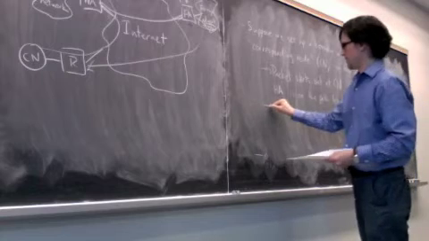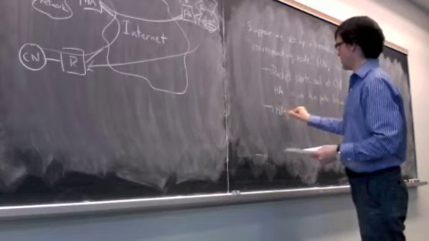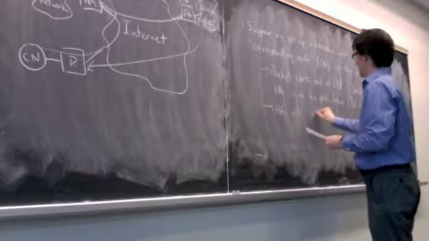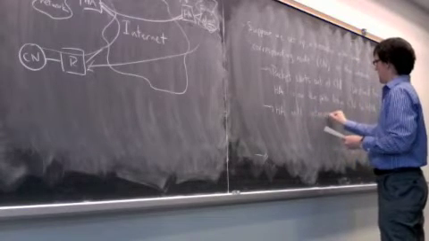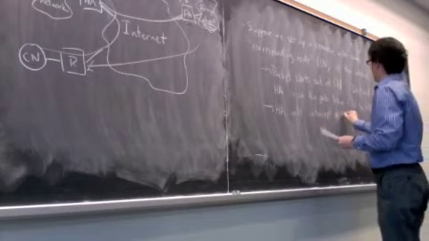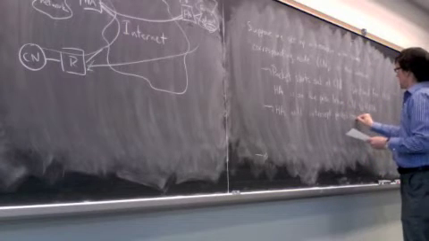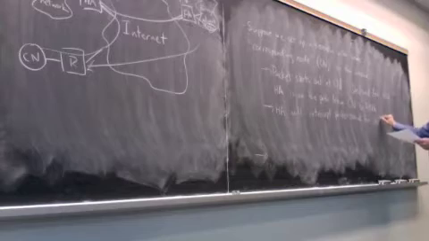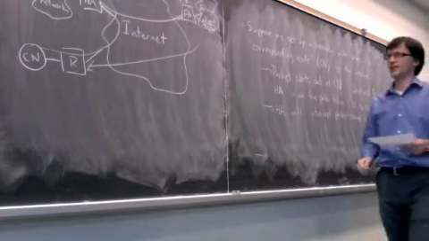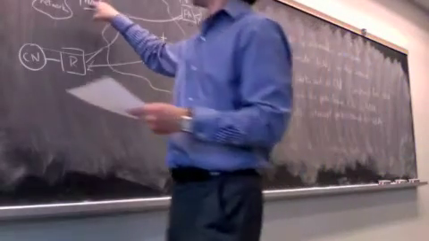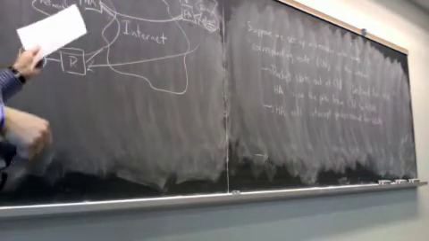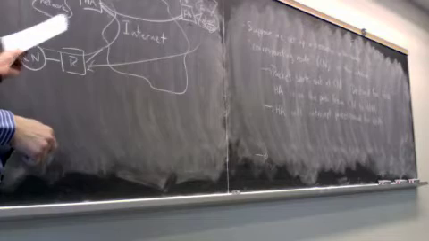So what will happen is the HA, the home agent, will intercept the packet bound for HNA. In other words, perhaps HA is the last hop in that route, so every packet destined for the home network address will pass through it.